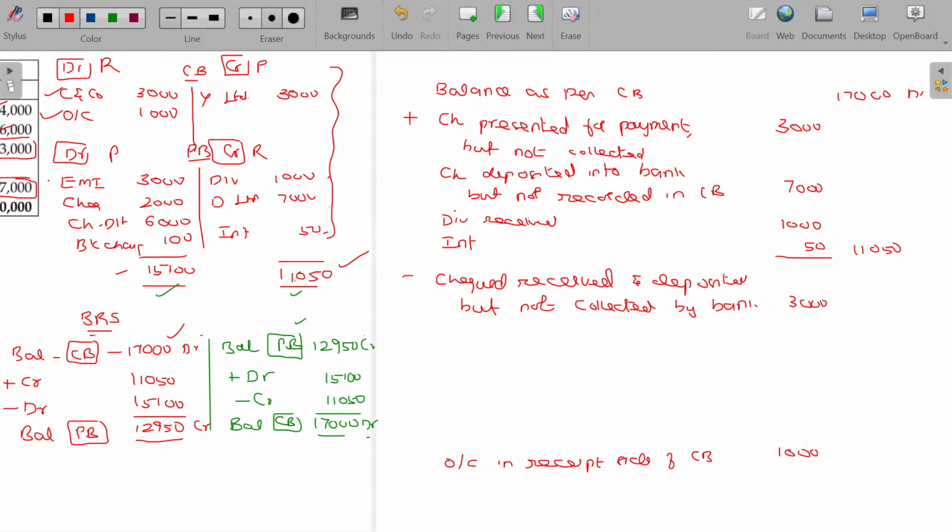Here, EMI. What does it mean? We might have borrowed. For the borrowings, I have instructed my banker to release the month-on-month payment from my bank account without my knowledge. That's what the standing instruction is about. Sometimes on the due date, the banker will settle my dues. Sometimes, as per my instruction, the banker will collect some revenue on my behalf.